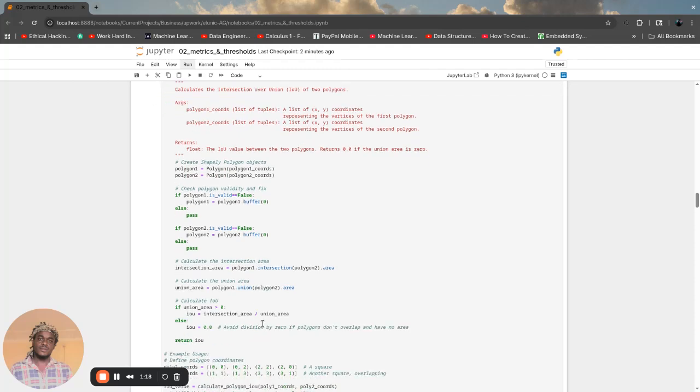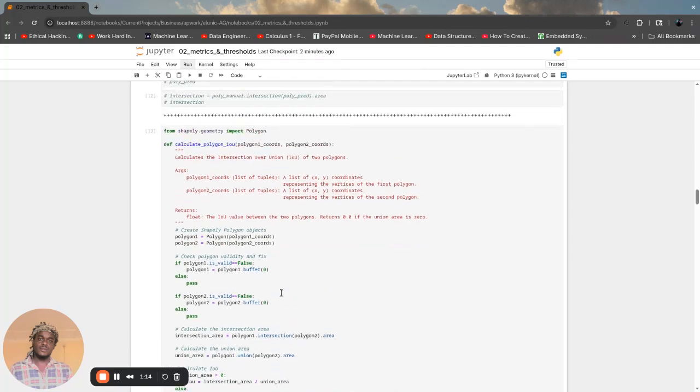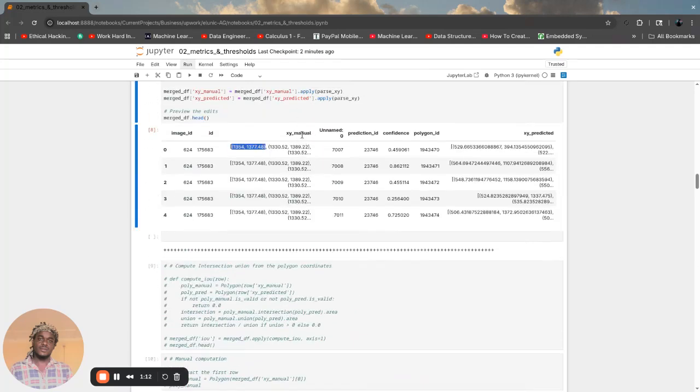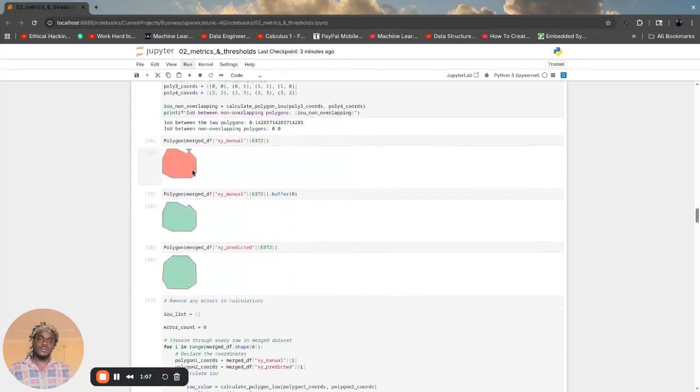This will detect the polygons that intersect from the XY manual and the XY predicted. So as you can see here, now they were another polygon.